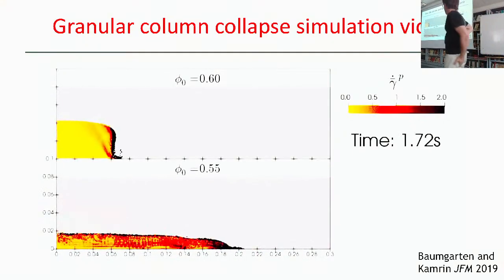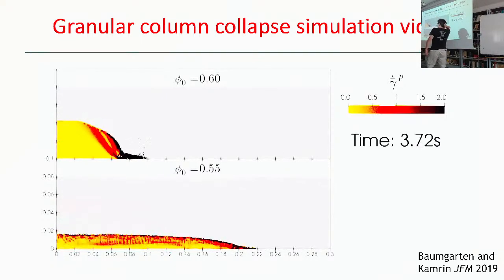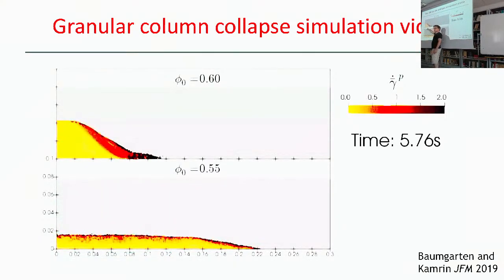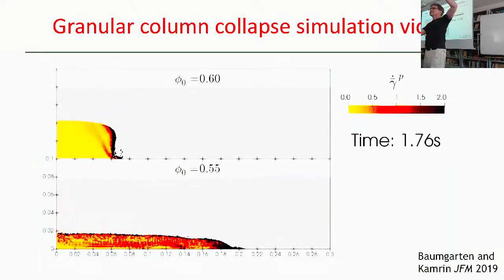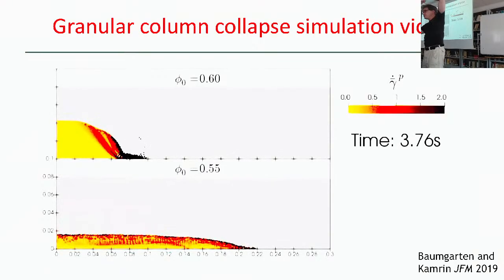Watch it again. So you might ask, why is this one struggling to flow, but this one flies out no problem? Well, let's see if I can get a picture for this. So this one starts over consolidated, above the equivalent packing fraction. For it to flow, it's going to shear.